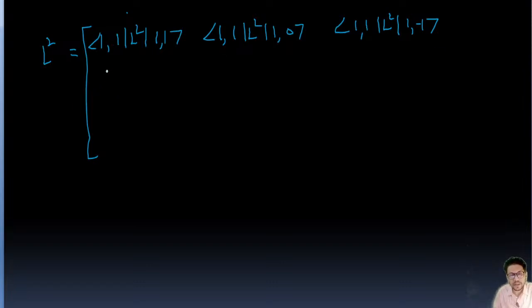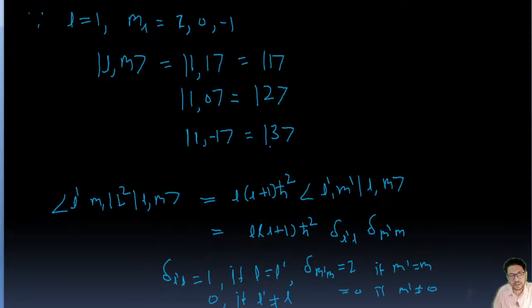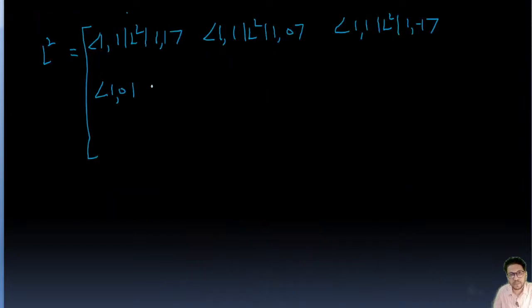And similarly for the second row, state 2 is |1 0>, so <1 0| L square |1 1>, since state 1 is |1 1>.